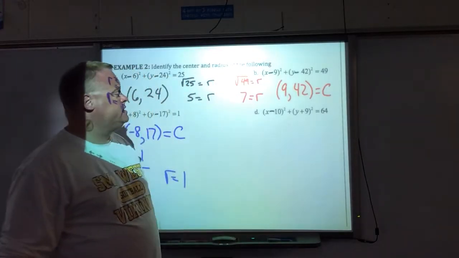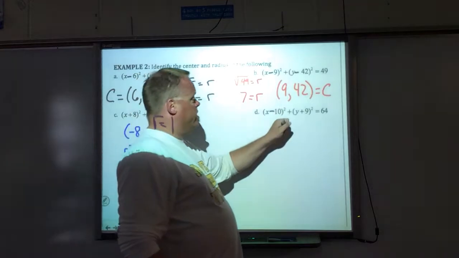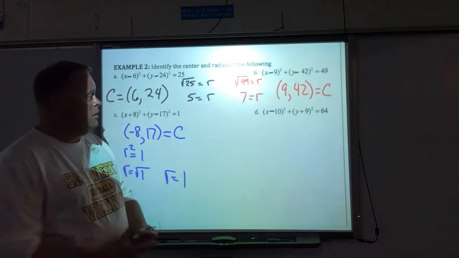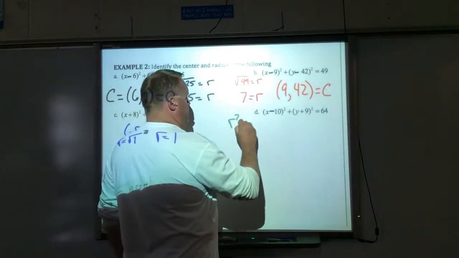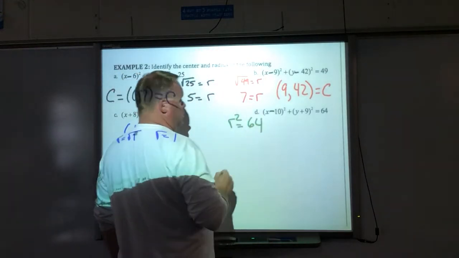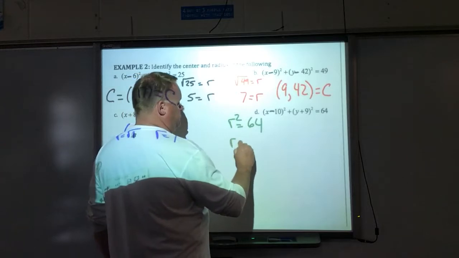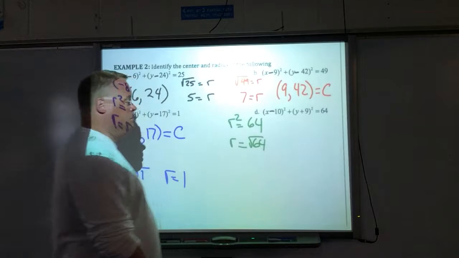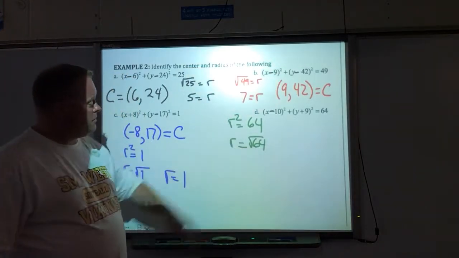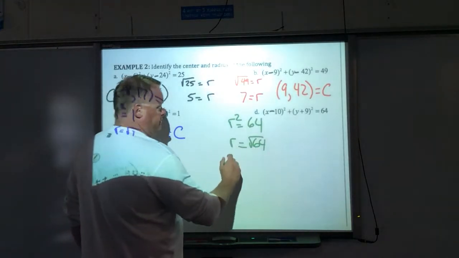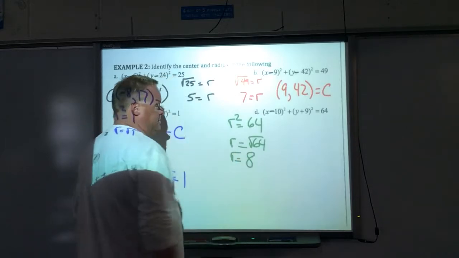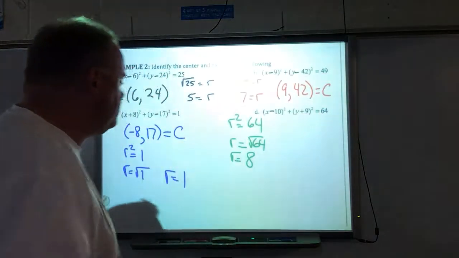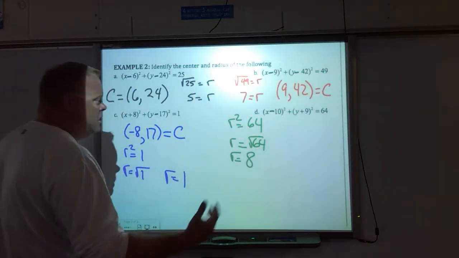And last but not least, x minus 10 squared plus y plus 9 squared equals 64. I know that the radius squared there is equal to 64. If I want just the radius, I must find the square root of 64. The square root of 64 is 8. We should all know how to do that real easy, right? By this point.